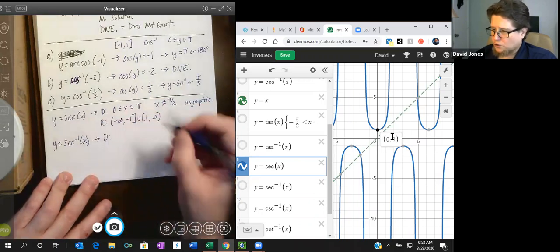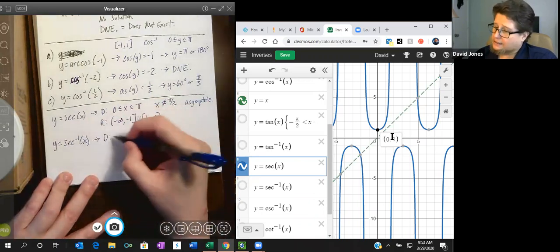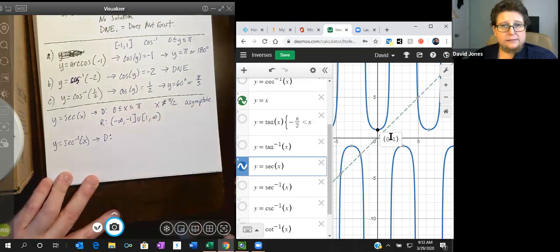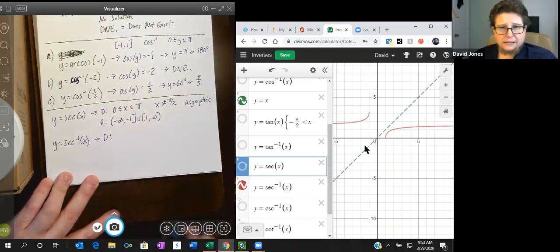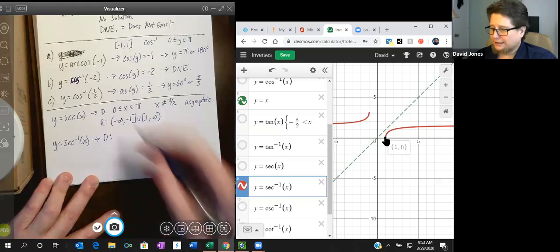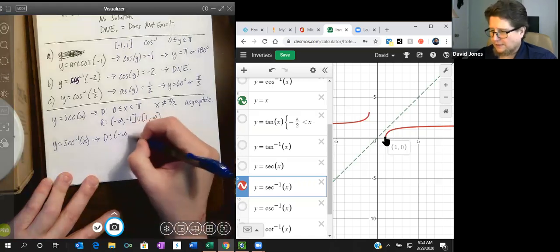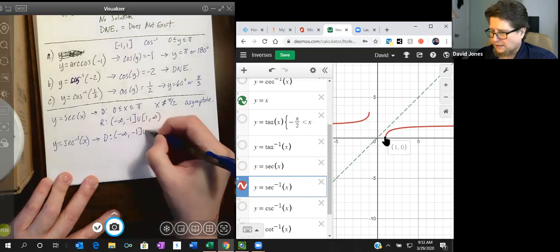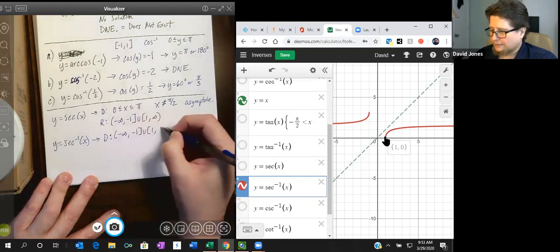The domain is crazy. It goes up to negative 1 and it stops and it restarts at 1. But it can equal 1.